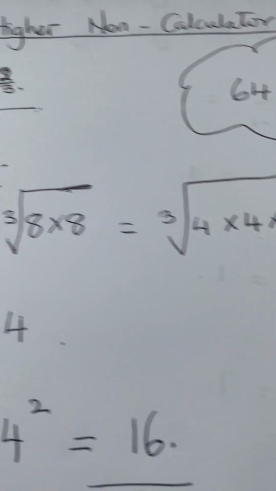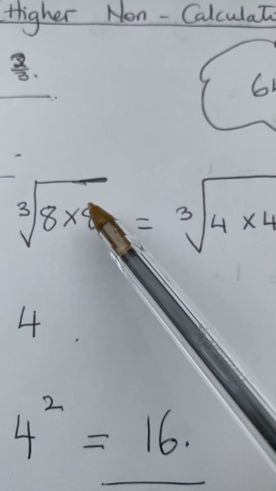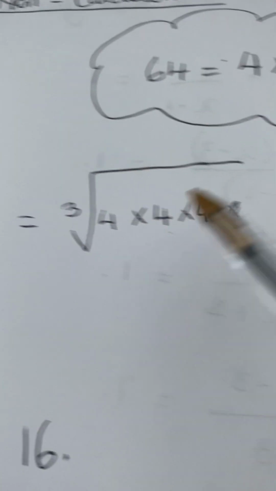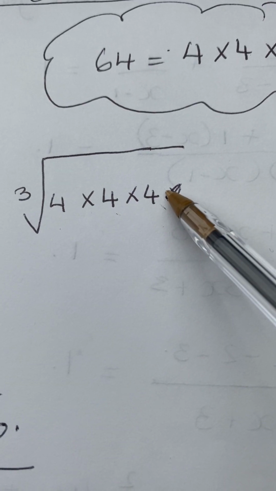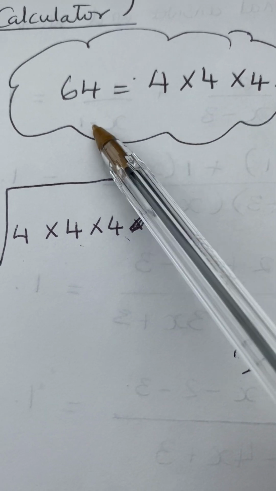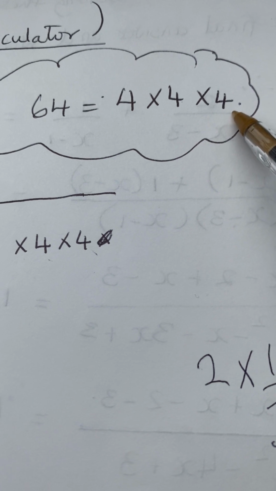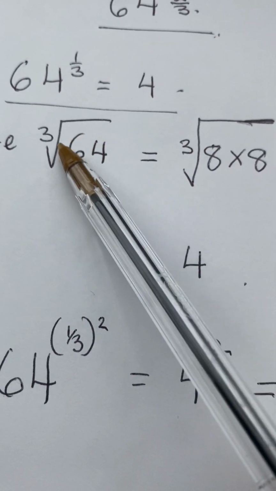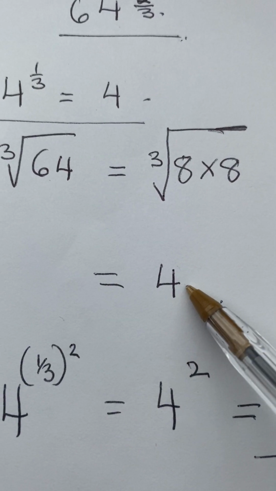So whichever way, whether the cube root of 8, which is 2 times 2, which will give you 4, or 4 by 4 by 4, the cube root of that 64 is also 4, as we've seen here. So this cube root is 4.